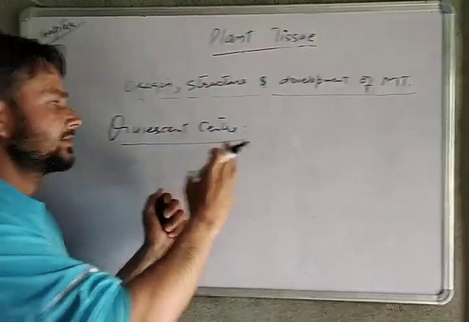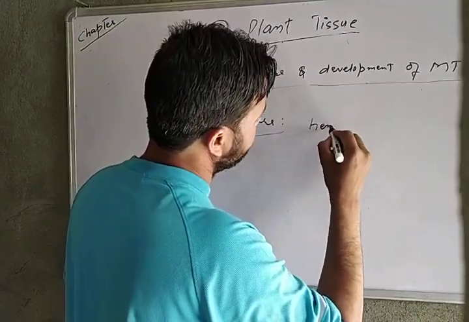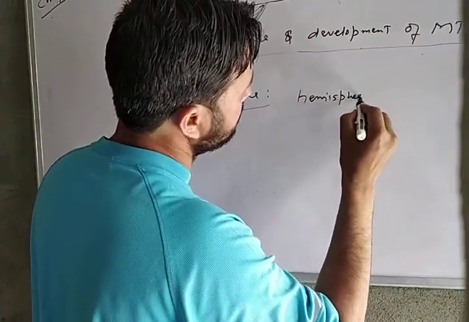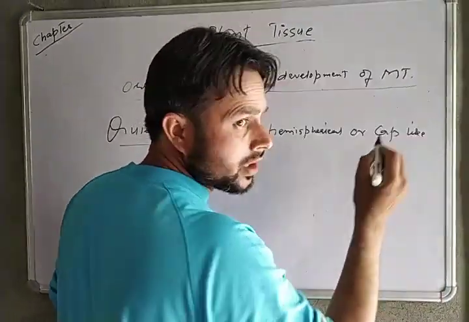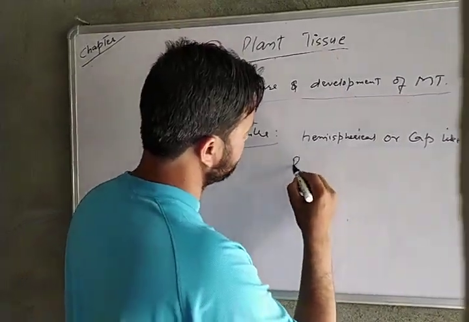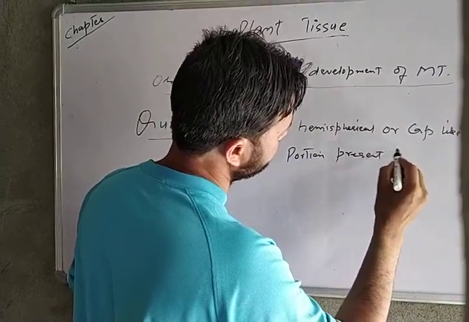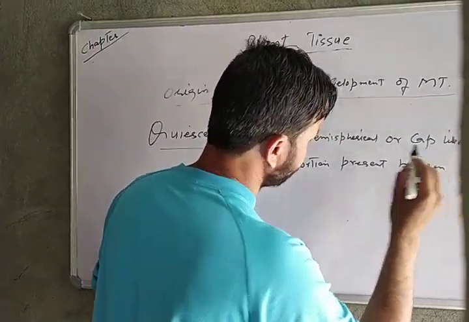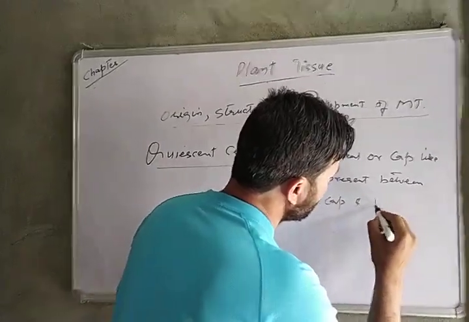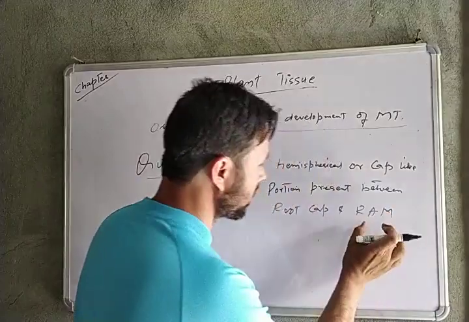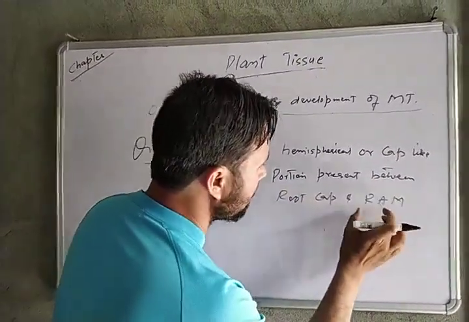This quiescent center is a hemispherical or cap-like portion present between root cap and root apical meristem. Hemispherical cap-like portion present between root cap and root apical meristem.